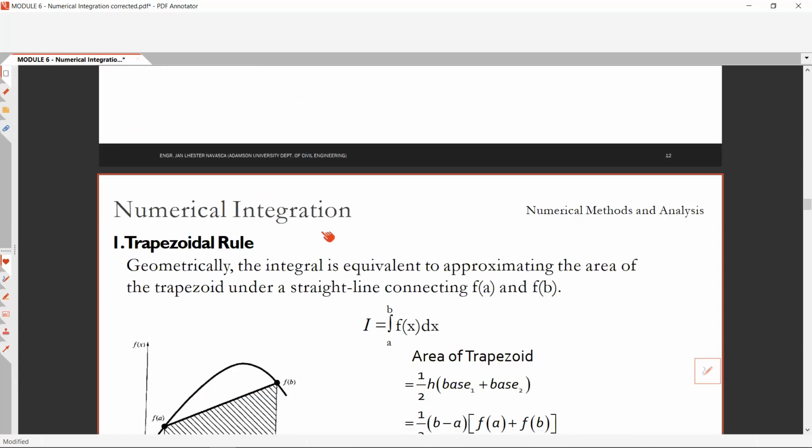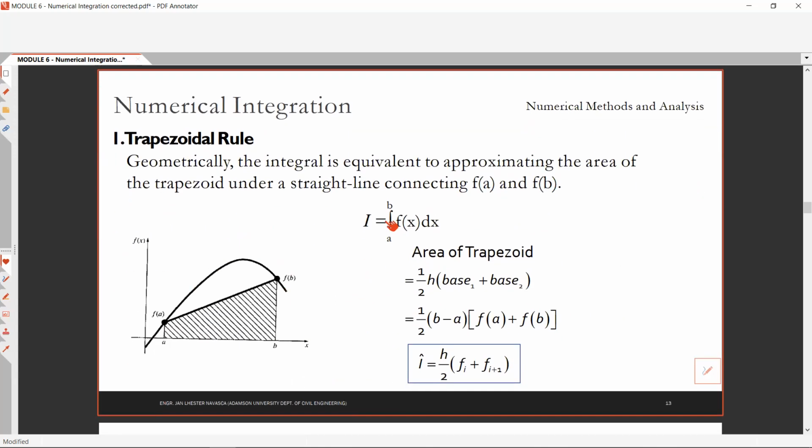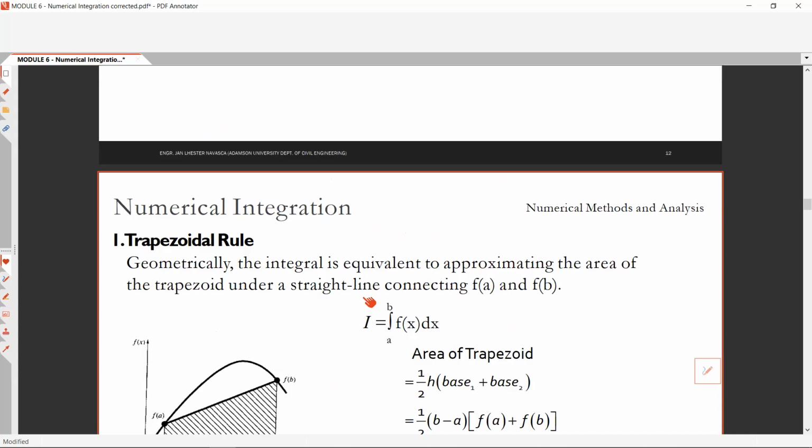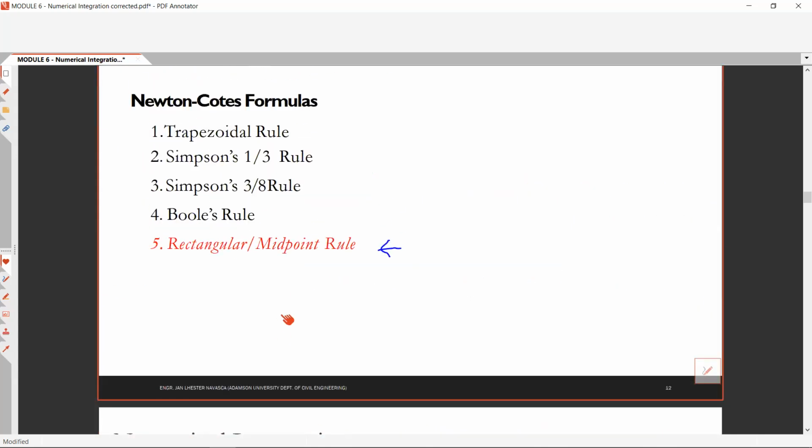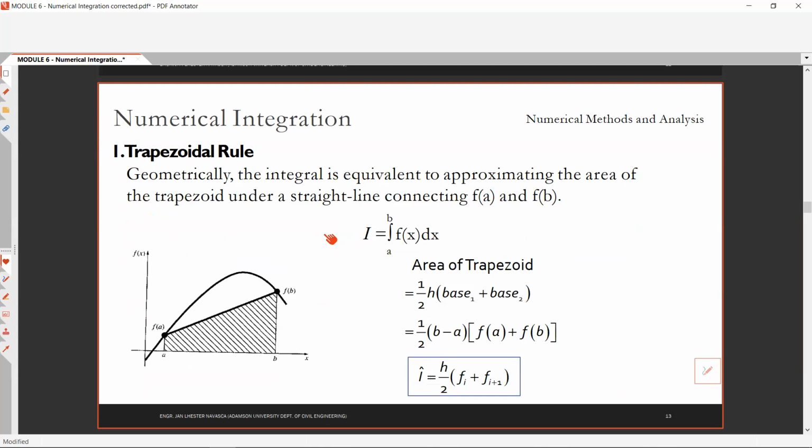First, the trapezoidal rule. Geometrically, the integral is equivalent to approximating the area of a trapezoid under the straight line from f of a to f of b. Recall that this is the function, and the integral of f of x dx from a to b is our equation for finding the definite integral.